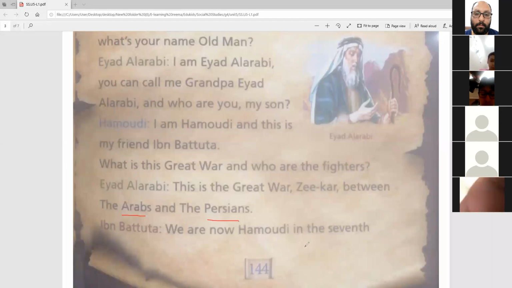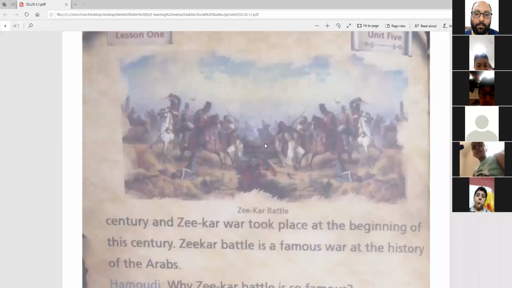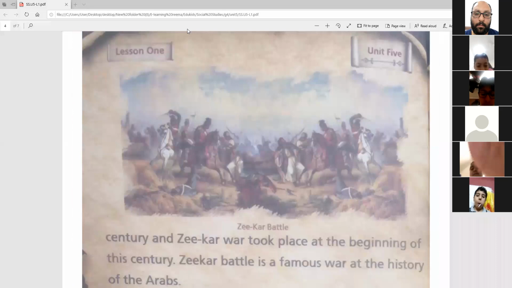We are now in the 7th century, before Islam, directly before the Prophet Muhammad. This is the physical battle, as you see here in this photo.